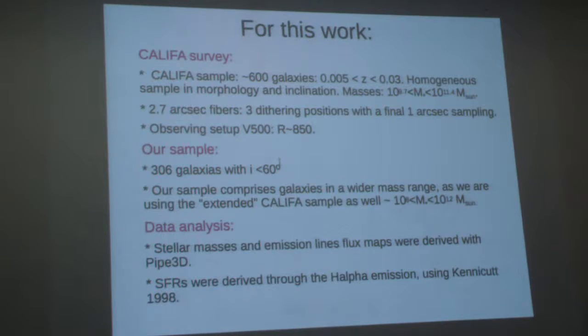I also need to say that my sample has a somewhat larger range of masses, because I also used the extended CALIFA sample, so I was able to include some galaxies with lower stellar masses. The derivation of the stellar masses and the emission line flux maps was done with the Pipe3D tool. Afterwards, the star formation rates were derived from the H-alpha emission line through the Kennicutt relation.